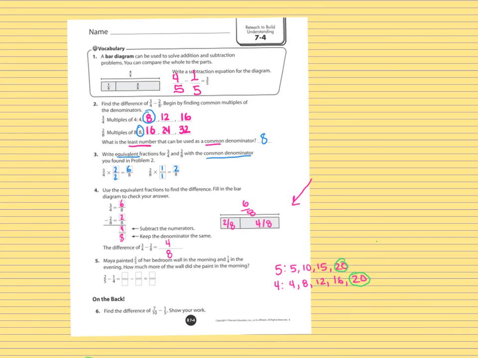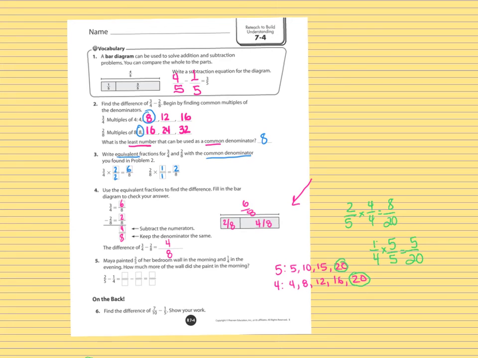So we are going to now turn 2/5. We are going to multiply 2/5. 5 times 4 is 20, so it's going to be times 4 over 4, which is 8/20. And then we need to get our 1/4. 4 times 5 is 20, so it's 5 over 5, and that is 5/20.